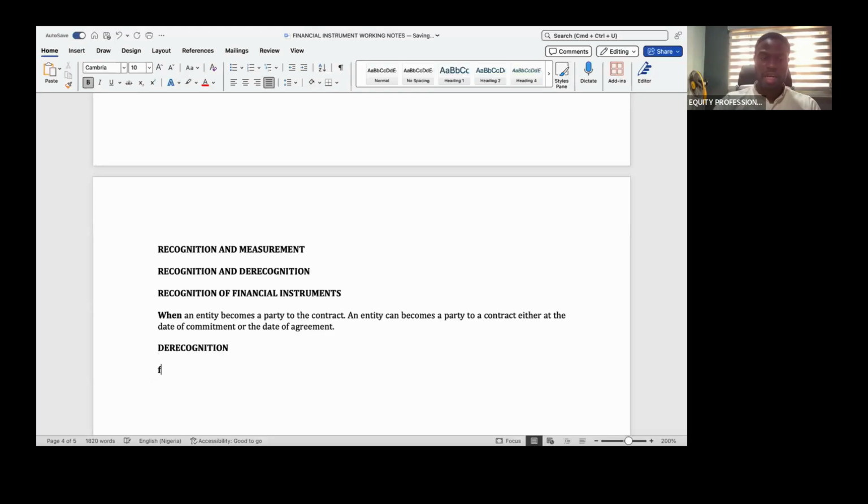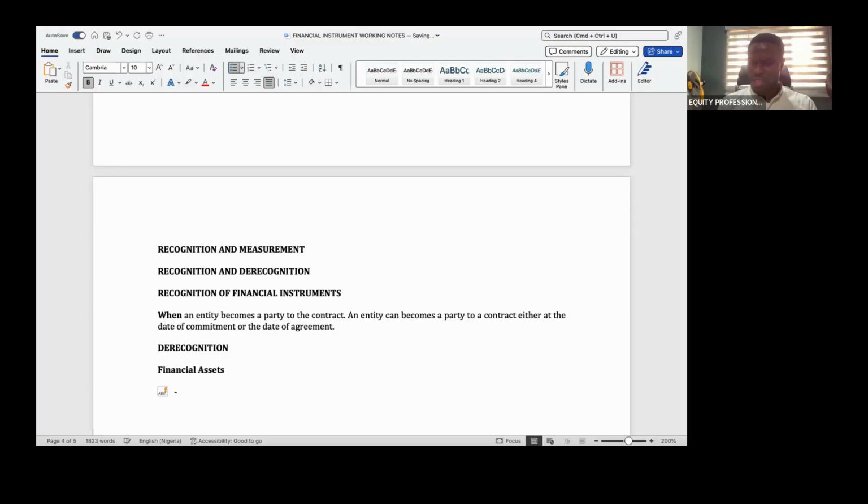In this case, let me start with financial assets. When can you derecognize financial assets from our books? Should be straightforward. So we mentioned that financial asset is cash, equity instrument of another entity, or a contractual right to receive cash. So at what point can you derecognize this?